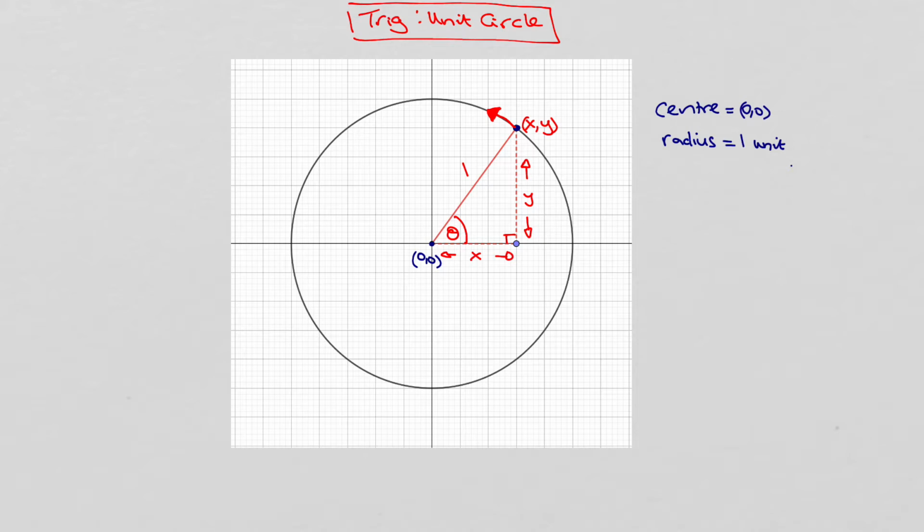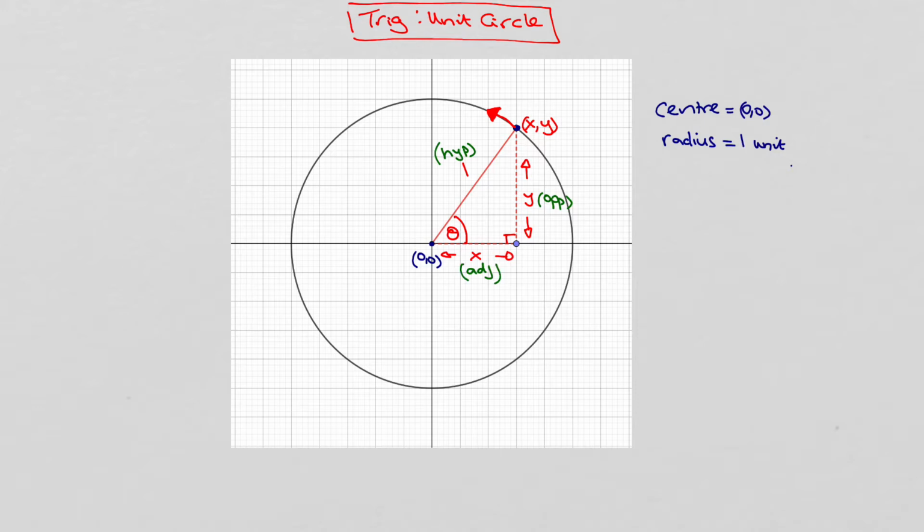So let's have a look at this a little bit closer. Because this is a right angle triangle and I've marked in my angle, then the side opposite the angle is our opposite. The side opposite the 90 degrees is our hypotenuse. And the remaining side beside the angle is our adjacent.